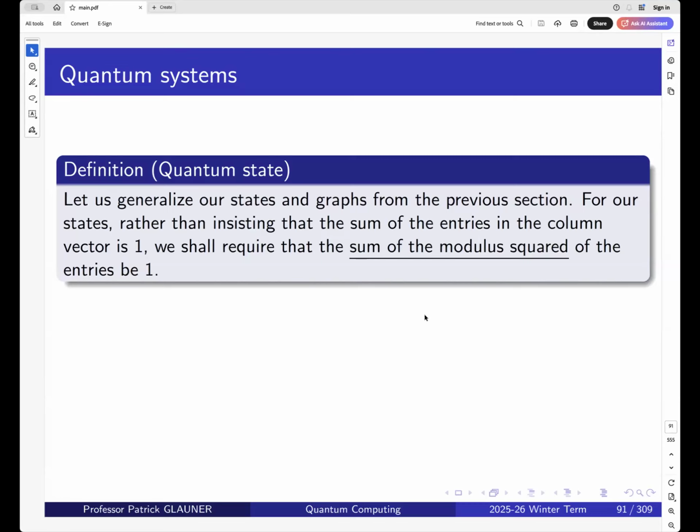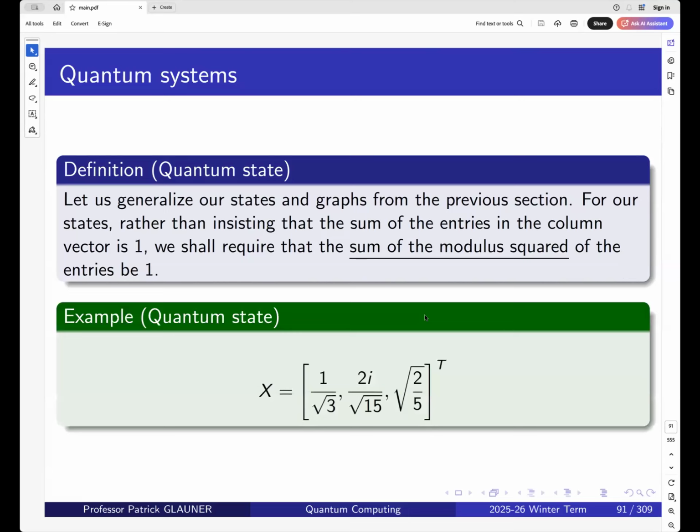So we're not dealing with probabilities like before, but rather we deal with these complex probability amplitudes, and they don't mean that the particle is with a certain probability in a certain position. Rather, when we measure the particle, we have a certain probability to find that particle in that position. So this is far more advanced than the probabilistic systems.